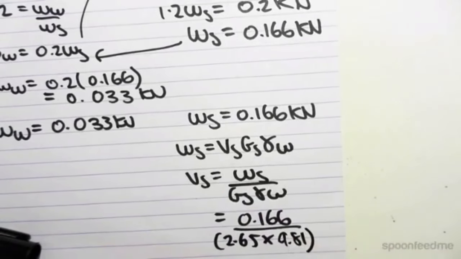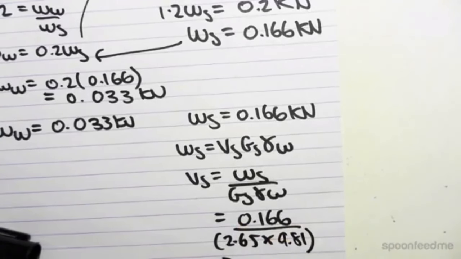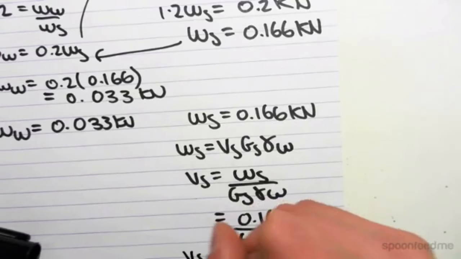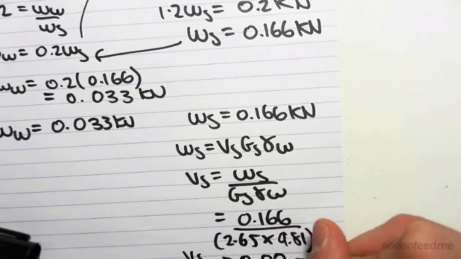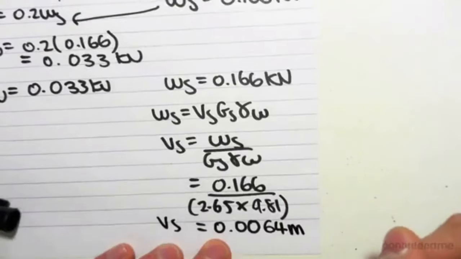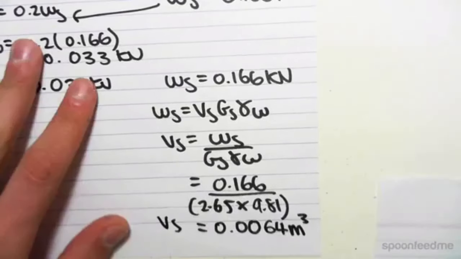You can see that all the units I'm using here are kilonewtons and meters cubed. If we work this out, 0.166 divided by 2.65 by 9.81, we get the volume of solids equals 0.0064 meters cubed.